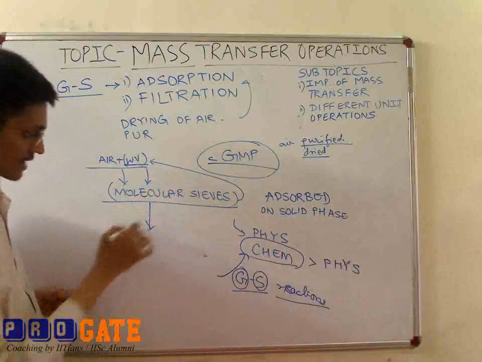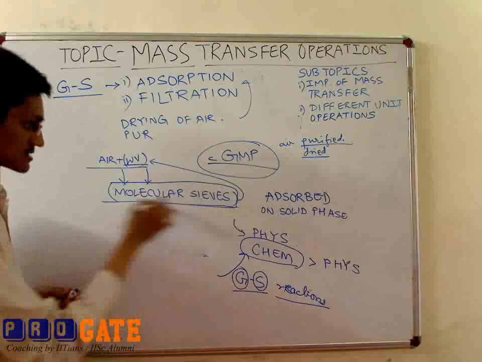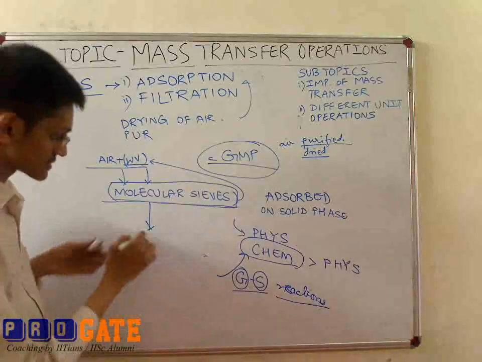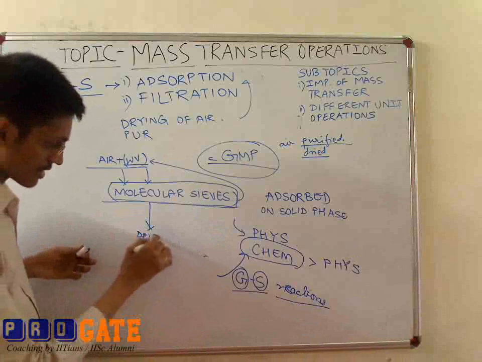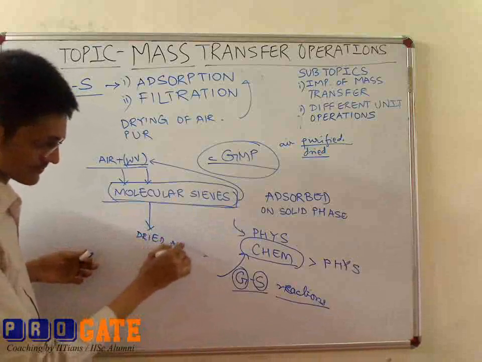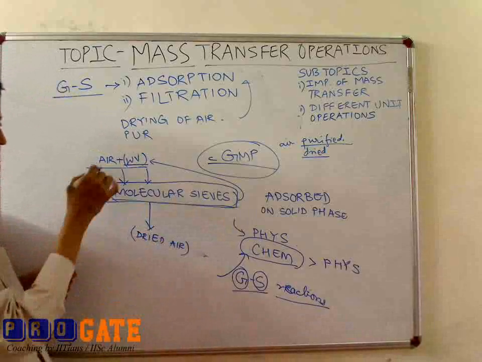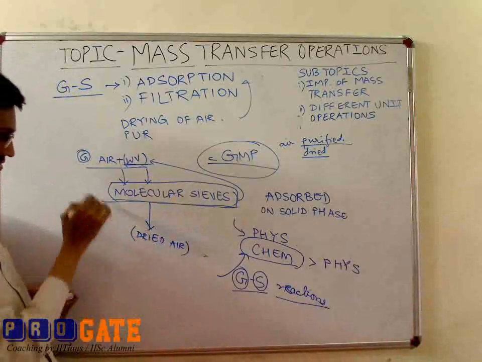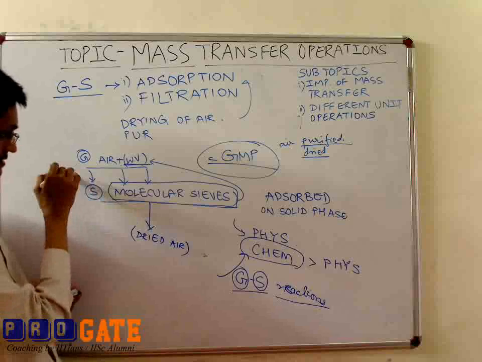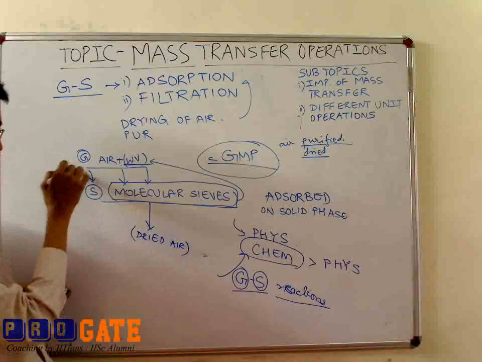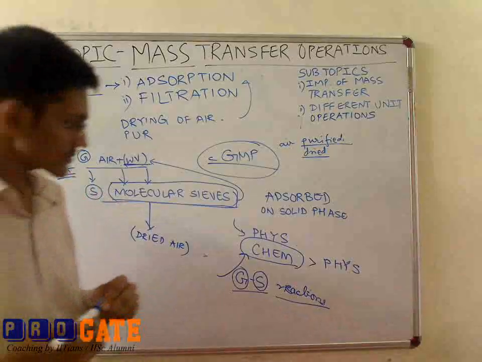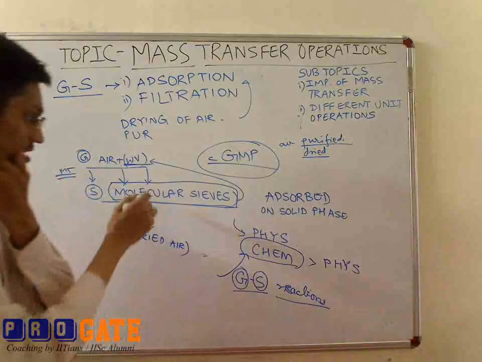So finally, after having passed the moisture vapor laden air through the molecular sieves, what we get out is the dried air. So what has occurred is mass transfer from the gaseous phase to the solid phase, because of the adsorption.